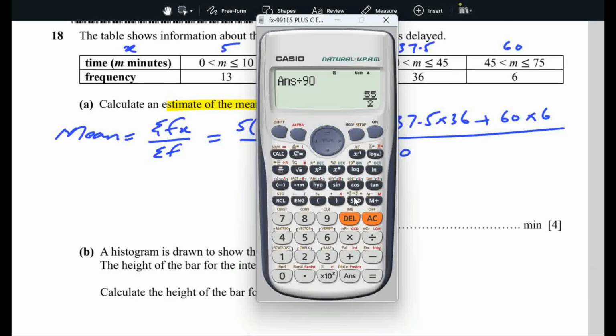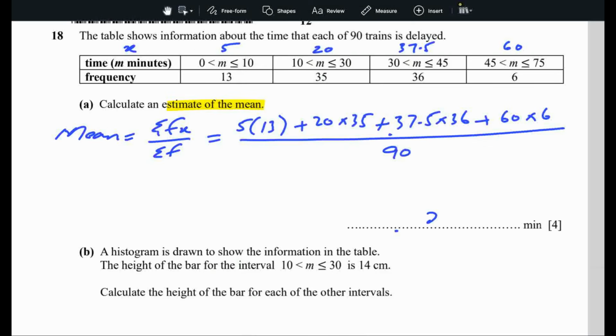So the answer will be 55 by 2 or 27.5. So this will be the final answer. I hope that the concept is clear. Let's move to the next one.